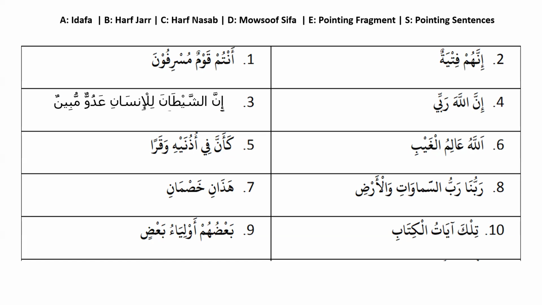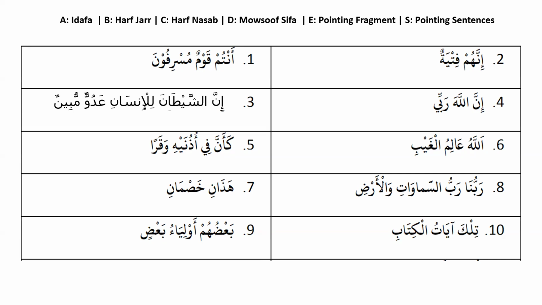It's not mudaf and mudaf ilayh. Obviously, it's not a harf of jar, not a harf of nasab, not pointing words. Can it be mawsuf sifa? No, because an independent pronoun cannot be mawsuf sifa. So there is no relationship between antum and kaumun. They're two separate words. Antum means all of you, kaumun means nation.